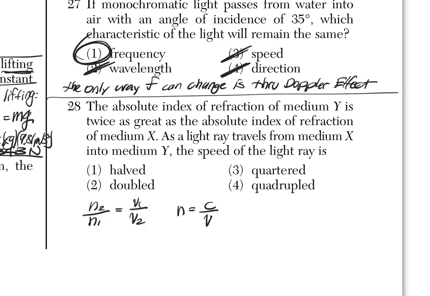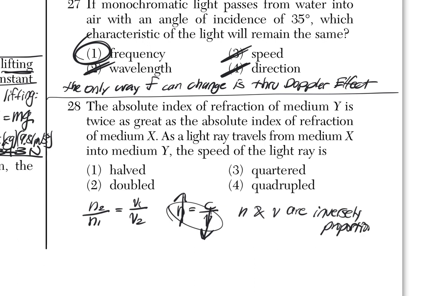And so we're going up in index, from x into y, and the index of y is twice as great. So I have twice as much index, and n and v are inversely proportional.